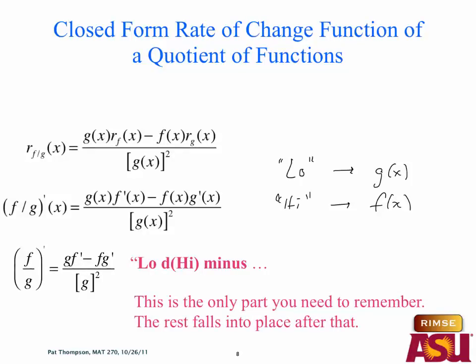Because it's low d high, then minus high d low, and then over low squared. Questions on the quotient rule, which is harder to memorize than the product rule? But you do 5 or 10 of these, and you've got it, okay?